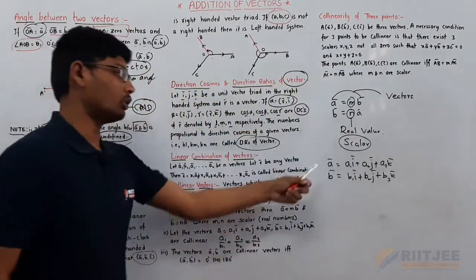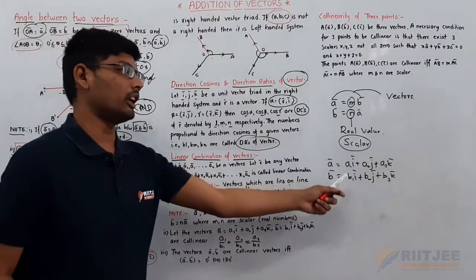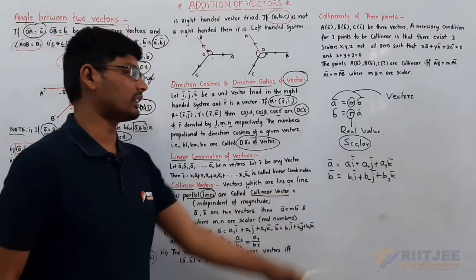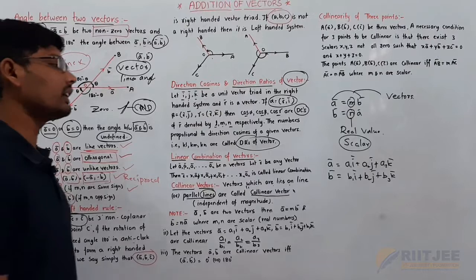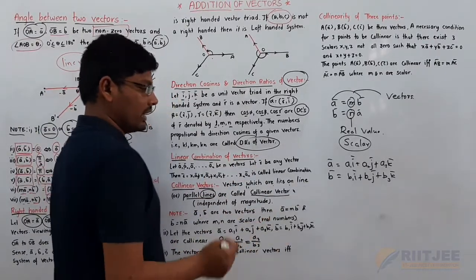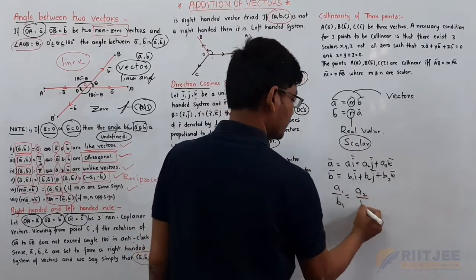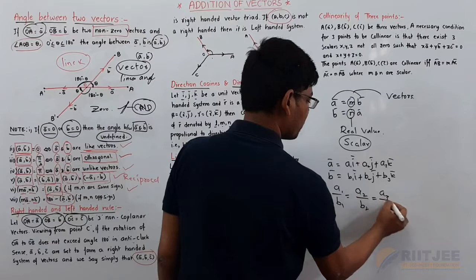Here I am taking two vectors, a bar and b bar. This is a complete representation of vectors a bar and b bar. Then the two vectors are said to be collinear if they satisfy one condition, that is a1 by b1, a2 by b2 and a3 by b3.